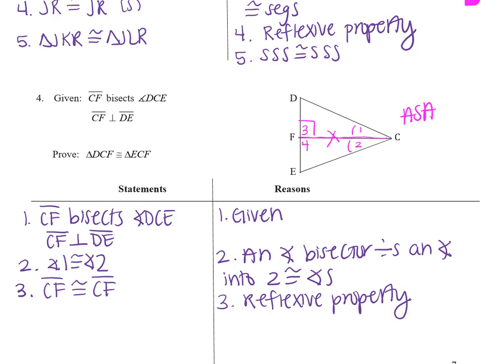Okay, so 3 and 4 are going to take a little bit of work here. First thing I'm going to say is that angle 3 and angle 4 are right angles. And that's because all they told me was that those two segments are perpendicular, so all I can conclude is they're right angles. So perpendicular lines create right angles.